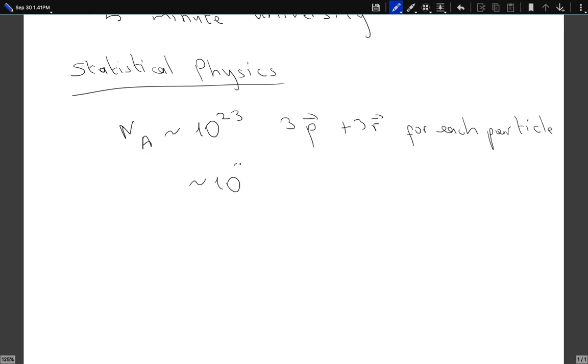So we will need typically 10 to the power 23 initial values. Well, depending on how precise you want these initial values, you might use 1 byte or more bytes. Let's say that you use 1 byte for each initial value. So how many bytes does this make? What is 1 megabyte?